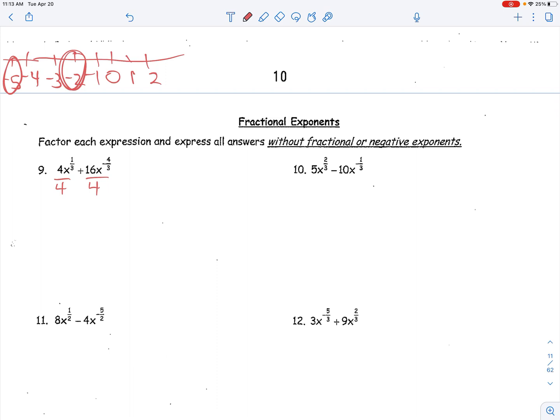And you have x to the 1/3, and then a negative 4/3 there, x to the power of negative 4/3, right? X to the 1/3, and then x to the negative 4/3.